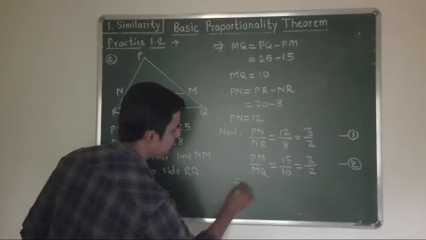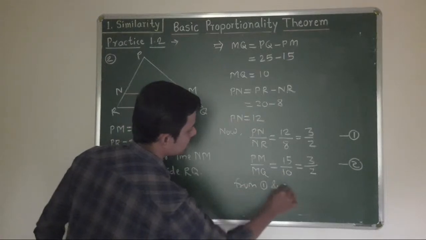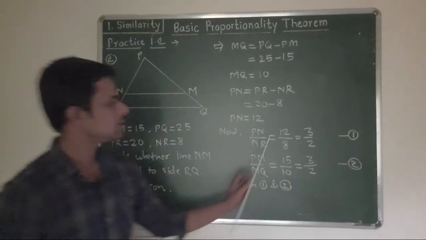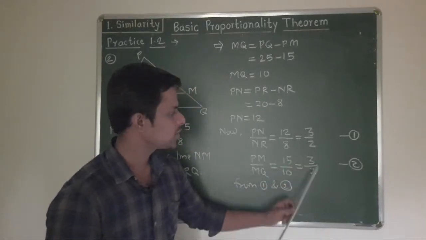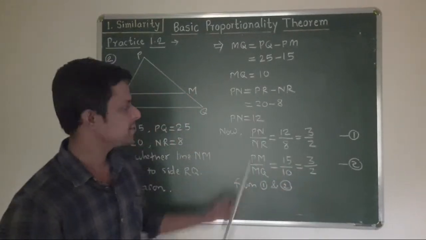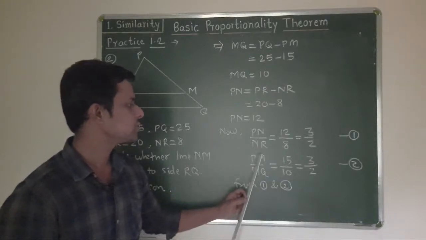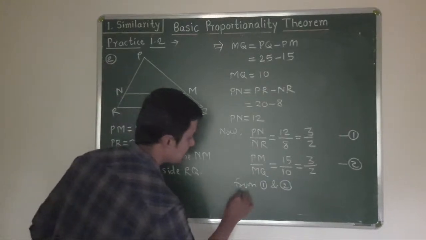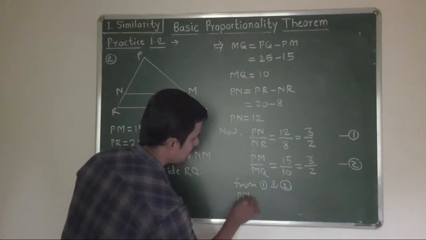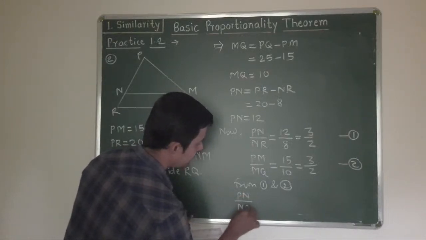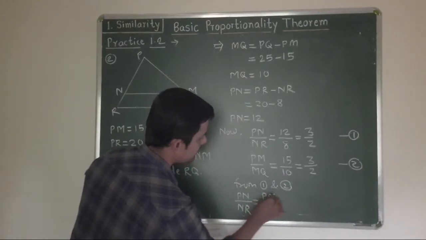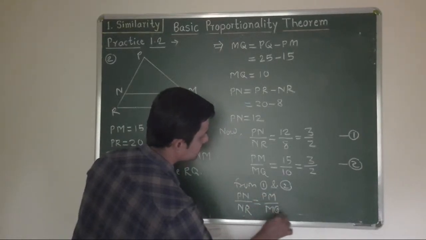Hence from 1 and 2, the right hand sides of 1 and 2 are 3 upon 2, therefore their left hand sides will be the same, that is PN upon NR is equal to PM upon MQ.